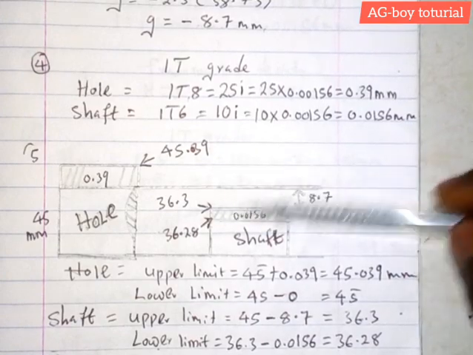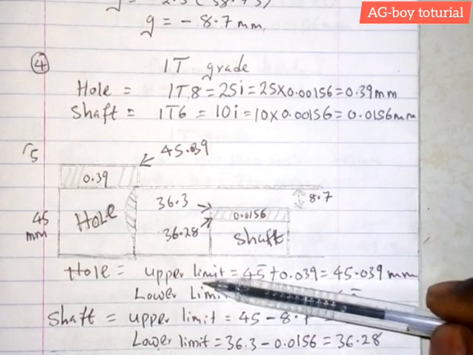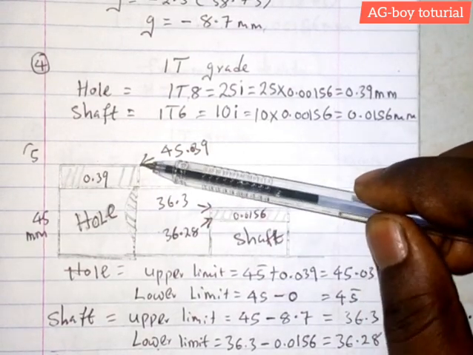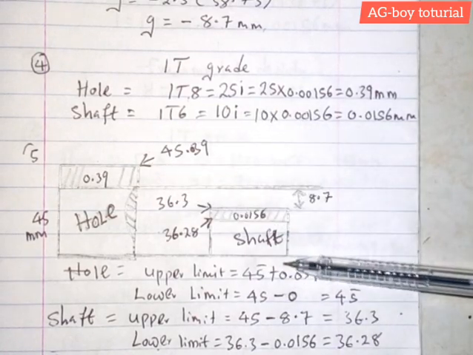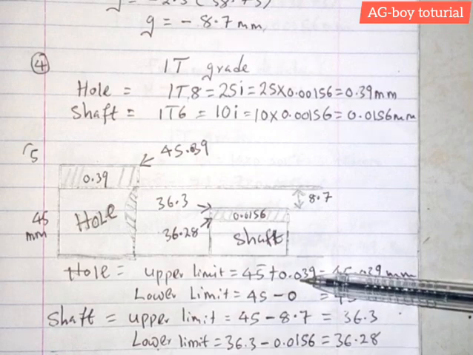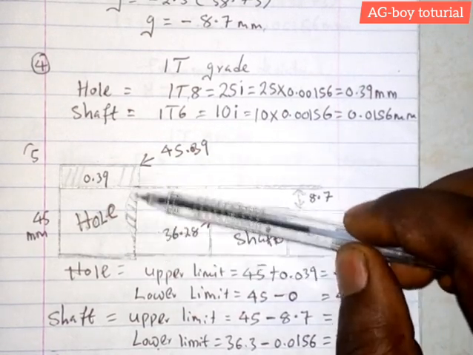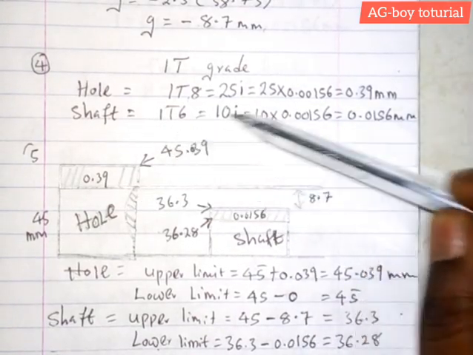Before we understand this diagram, let's go to the next problem here. For the hole, our upper limit, which is the tolerance here, is going to be 45 plus 0.039. 45 is my basic size. Add together with my tolerance, I will have this.